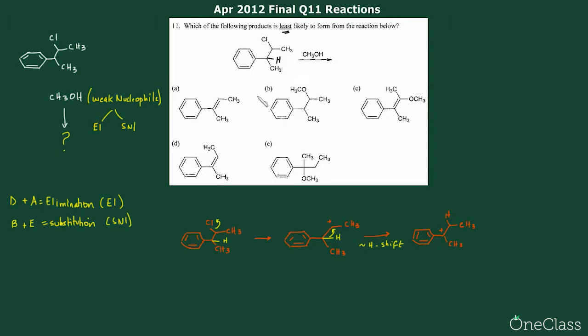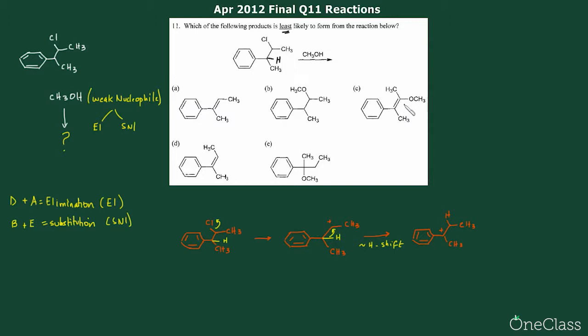But you also notice other products, for example, this product has the methoxy group over here instead of fluorine, so you know that substitution is going on. And you notice there's a methoxy group but it is attached to a different carbon.